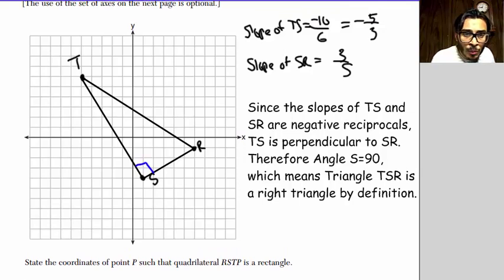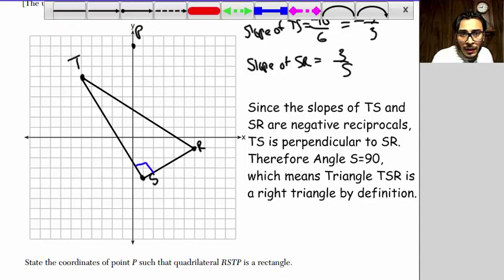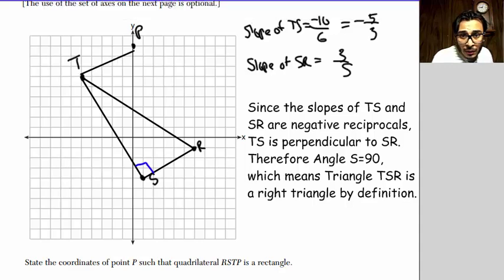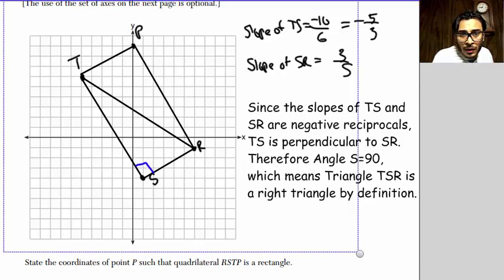So I'm going to do the same thing here. I'm going to go up 1, 2, 3 over 1, 2, 3, 4, 5. So that's going to be my point P. I'm going to connect the points, and hopefully it's going to look like a rectangle. And you could see that indeed it does.